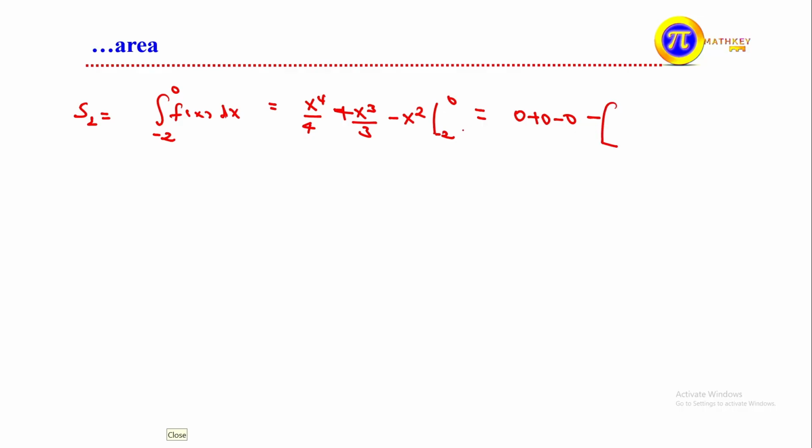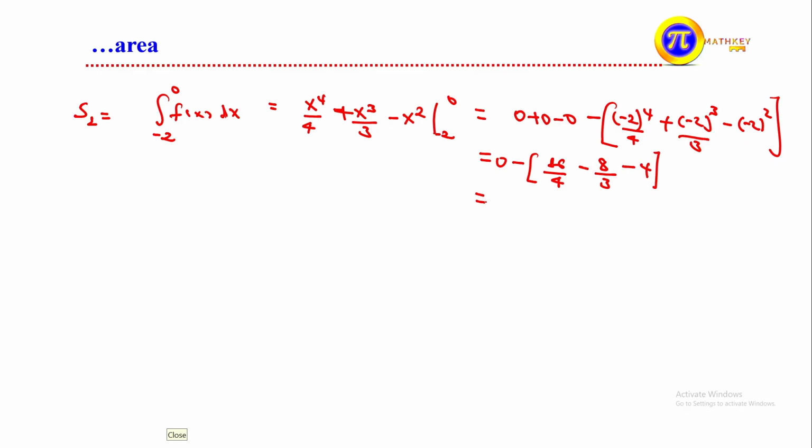Then, substituting negative 2: negative 2 to the power of 4 over 4, plus negative 2 to the power of 3 over 3, minus negative 2 squared. That gives 0 minus (16 over 4, minus 8 over 3, minus 4).